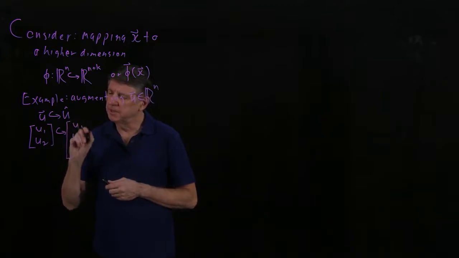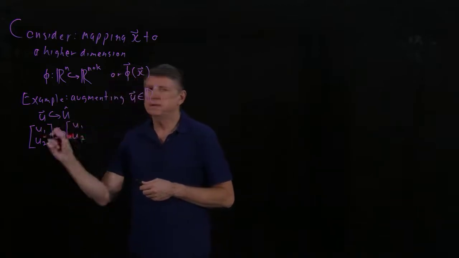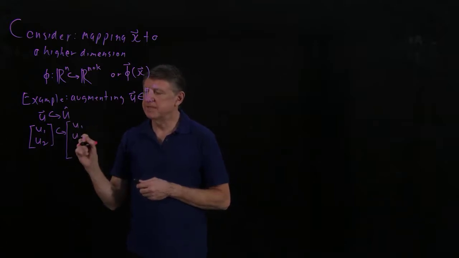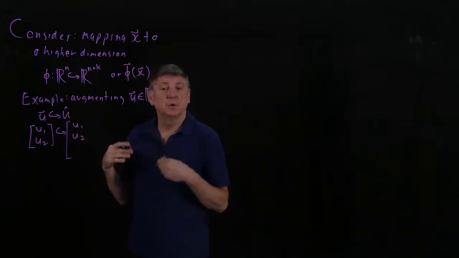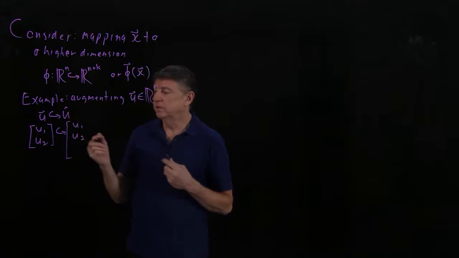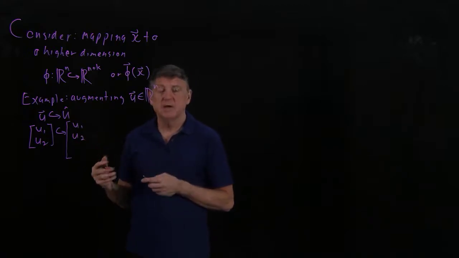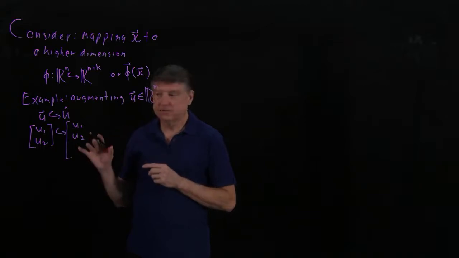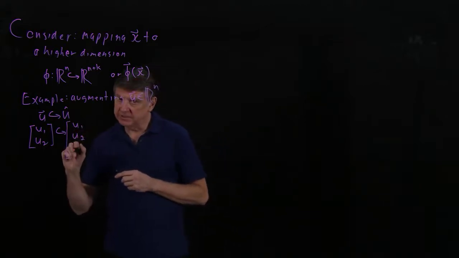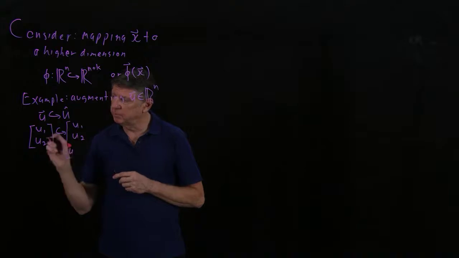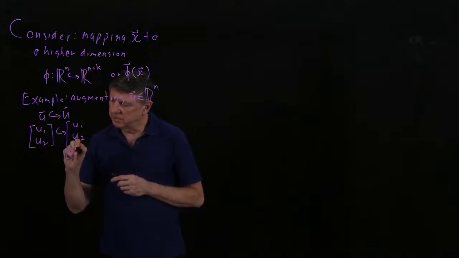And augmentation means that we copy the relevant entries and then we add something else. And we've already been augmenting with, we augmented data vectors and we've augmented weight vectors. Now we're going to augment the data vectors in a different way. And now let's suppose that we take the square of the norm, and that is u1 squared plus u2 squared.